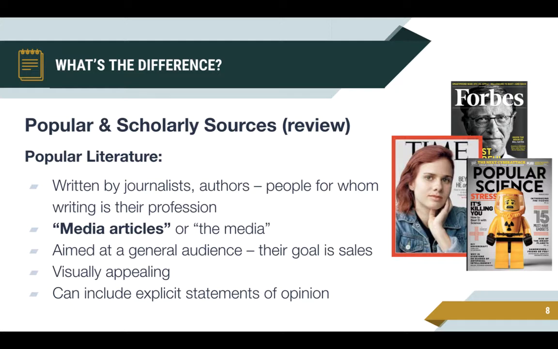This is often what we think of as media articles, or quote-unquote the media. They're typically aimed at a general audience, as their goal is to sell copies and, online, to sell ad space. They're often visually appealing and can include explicit statements of opinion, so thinking about opinion pieces in magazines and newspapers.